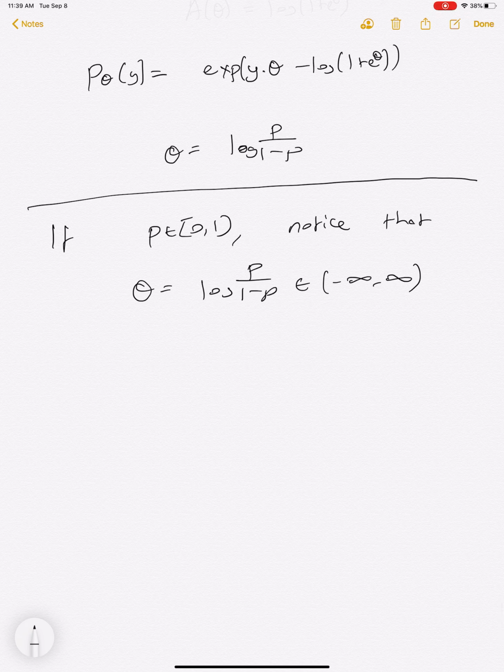So remember that we had that issue earlier that we couldn't really set p equal to the summation of x times beta, but now we have a theta which is in negative infinity to infinity. So we can set theta equal to the summation over j equals 1 to p in the reparameterized distribution.